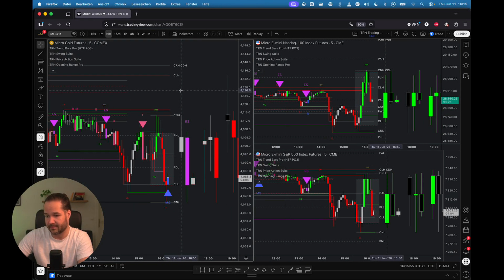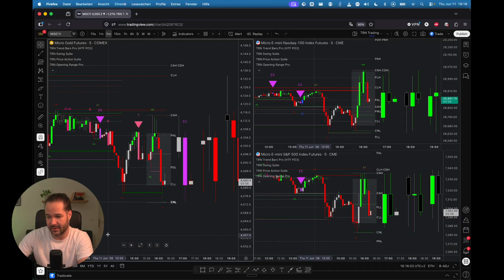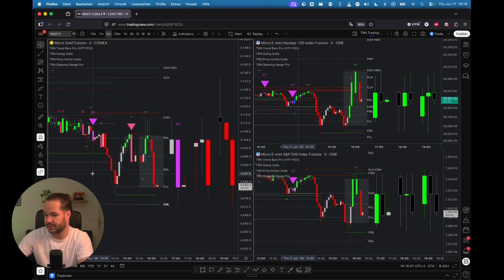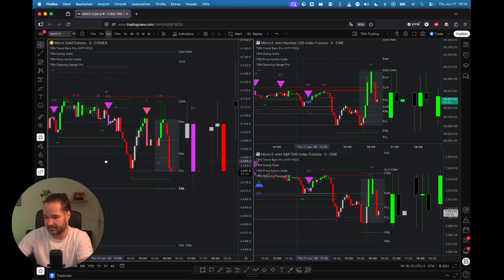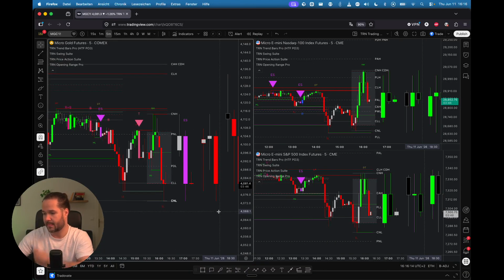But we have very nice targets here. This is such a strong area of liquidity. I would give it a try, but only if we confirm the morning star. You can see it disappeared right in the moment. So there's still some work to do here to get the signal.